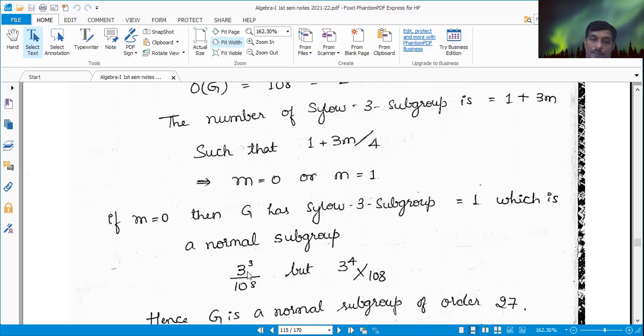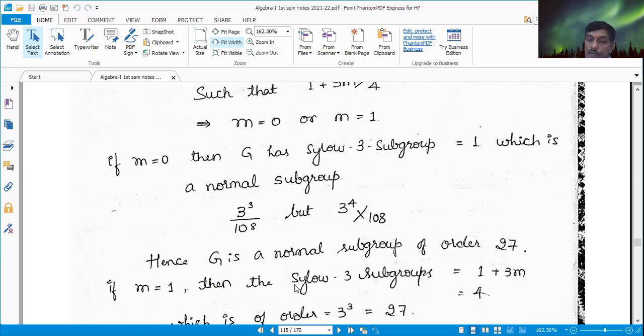It is of order 3 power 3. 3 power 3, which is 27, divides 108, but 3 power 4 does not divide 108. Hence, G has a normal subgroup of order 27.